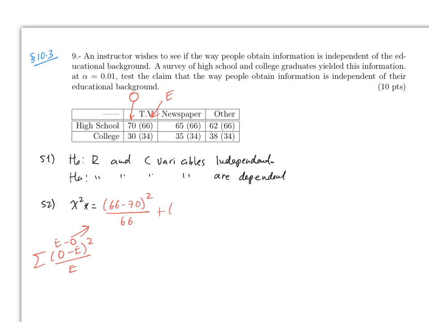Plus 66 minus 65 squared over 66 plus 66 minus 62 squared over 66, and so forth until we get to the last one, which is 34 minus 38 squared over 34, and this happens to be around 1.47.